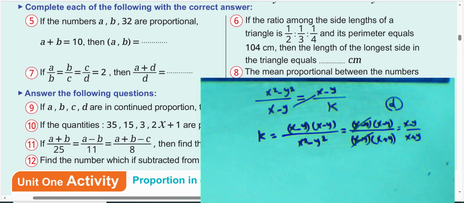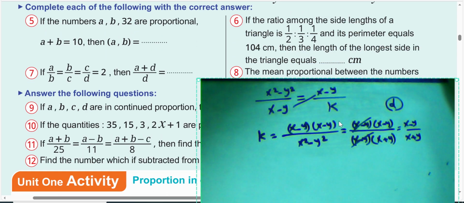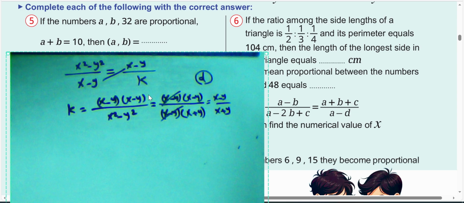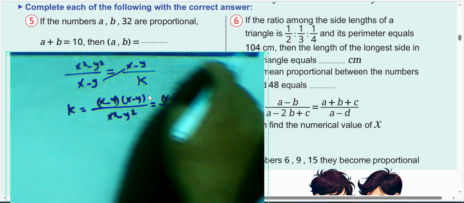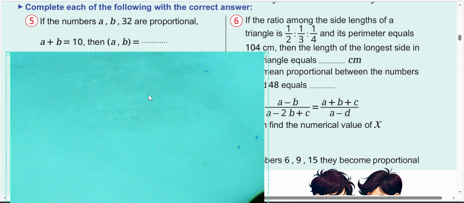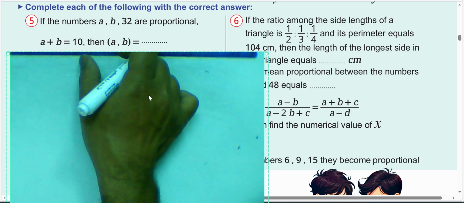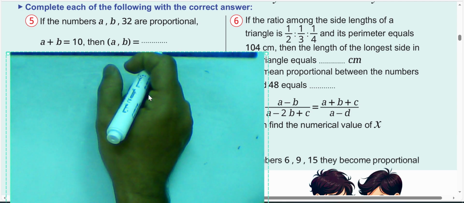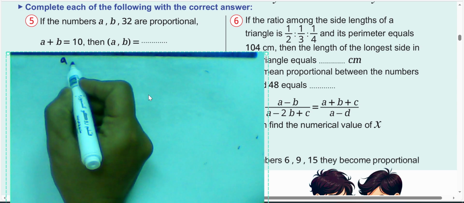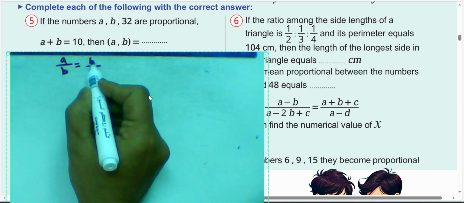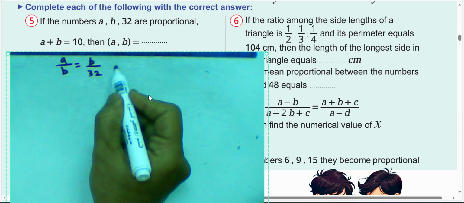Next question, number 5. Complete each of the following with the correct answer. If the numbers a, b, 32 are proportional and a plus b is 10, then the order of a and b equals. We have a over b equal to b over 32.